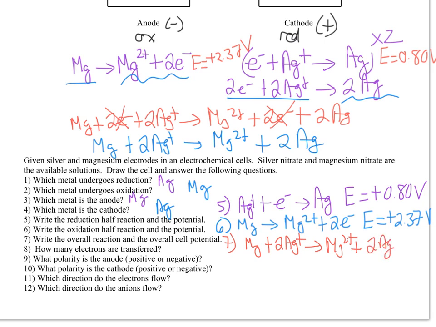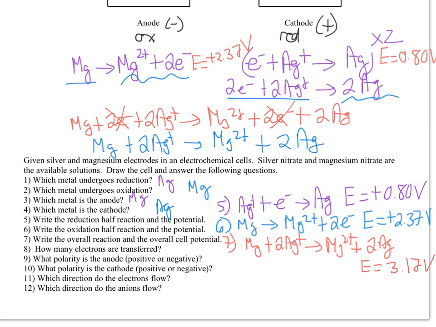For your potential, the overall cell potential, what that means is the voltage of the battery. And to find that, all you do is add these two up together. If you add those two together, you get 3.17 volts. So that's almost equivalent to 2 AA batteries.